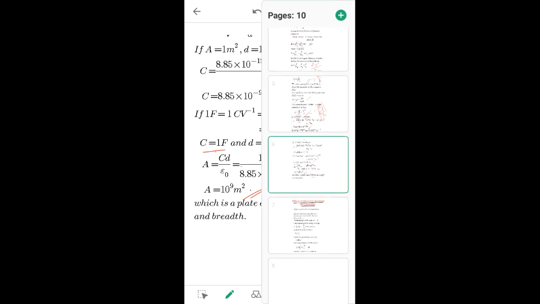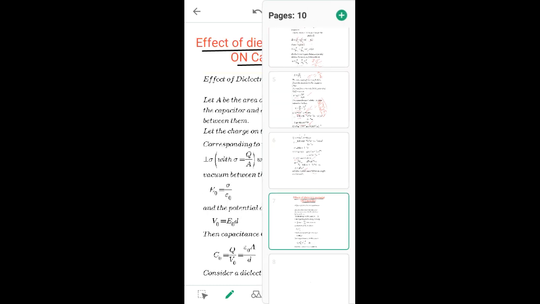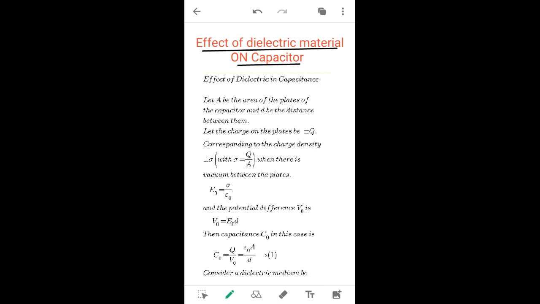Next let us go to another important topic, that is the effect of dielectric material on a capacitor. Okay.